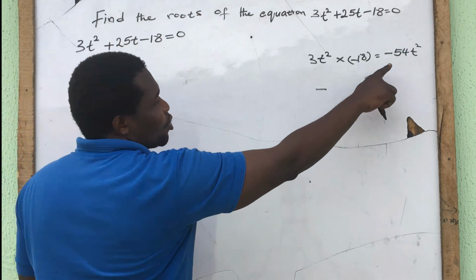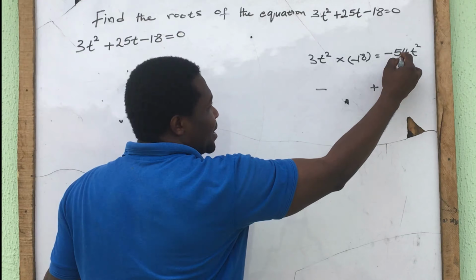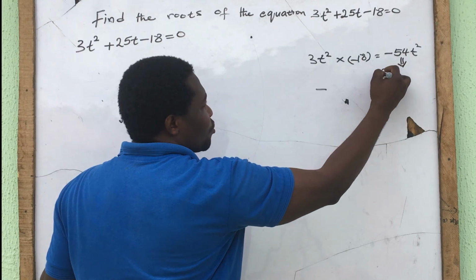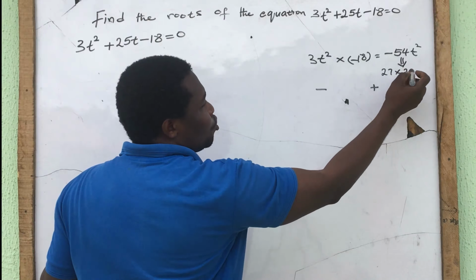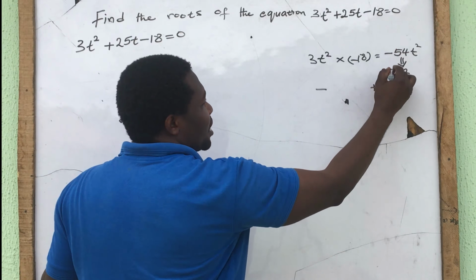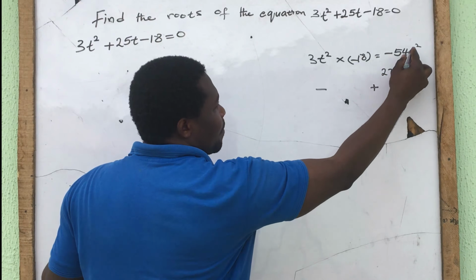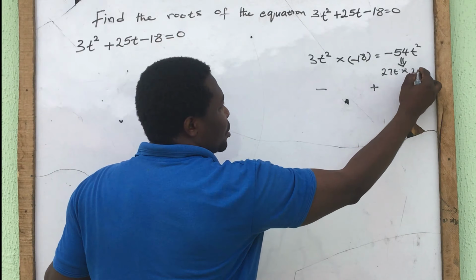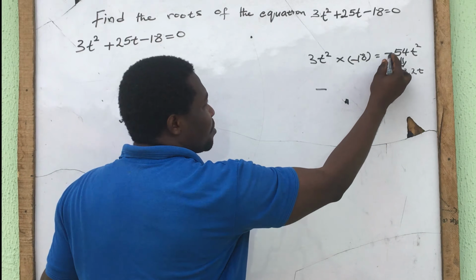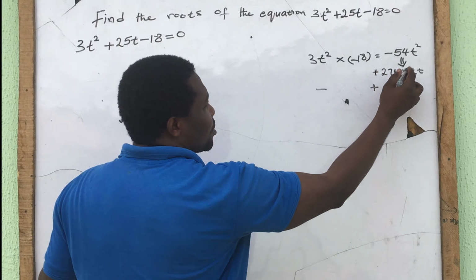So I'm going to break this one down now. You discover that to get this one, I'm going to have 27 times 2. We go for this: 27t times 2t. Therefore, this being plus, this will be minus.